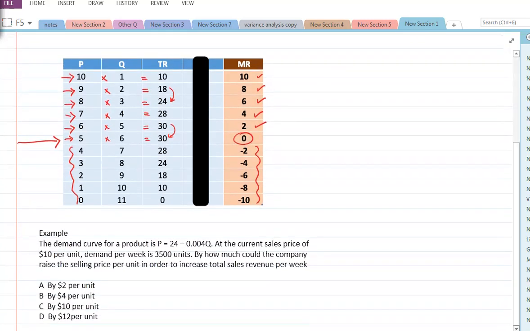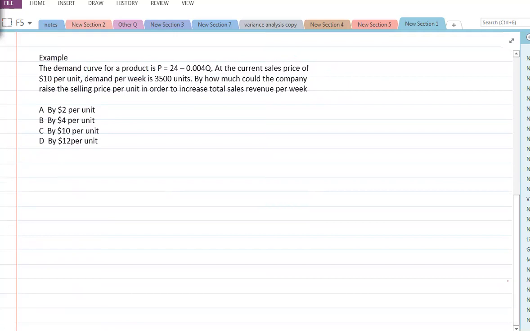Now we have an example here. We'll still be following our three-step approach for this question also. It says the demand curve of a product is P equal to 24 minus 0.004Q. That's P equal to A minus BQ, our basic demand equation, where A is the price at which demand is 0, and B is the gradient.